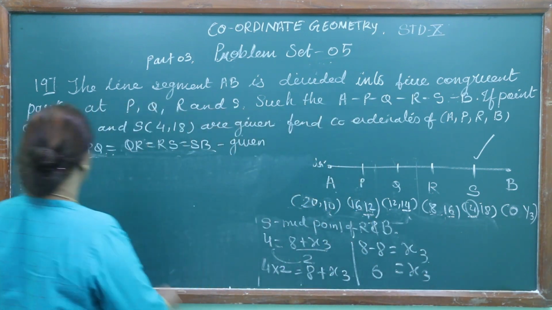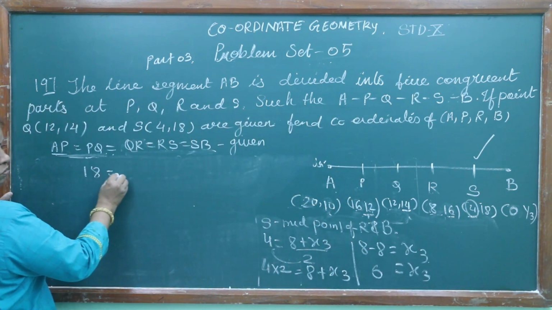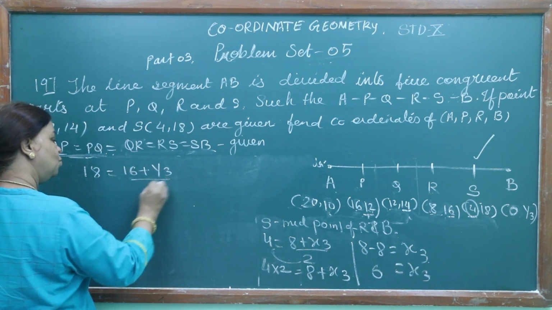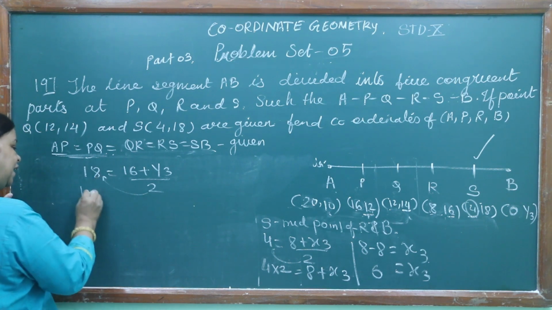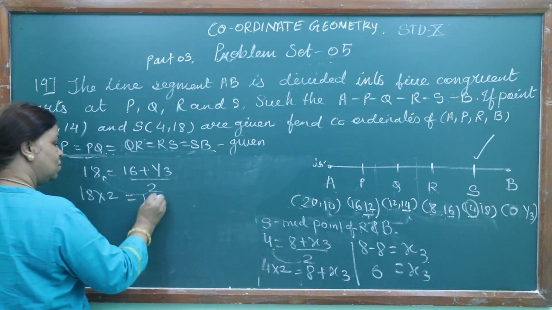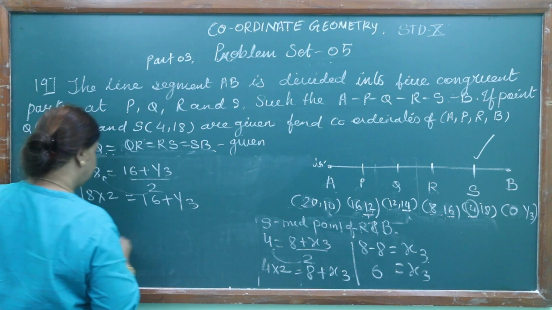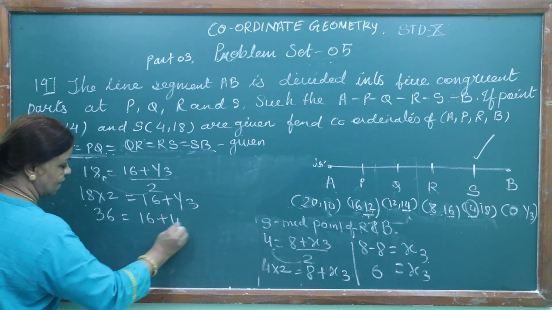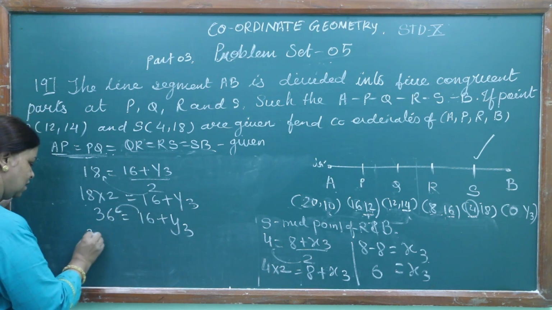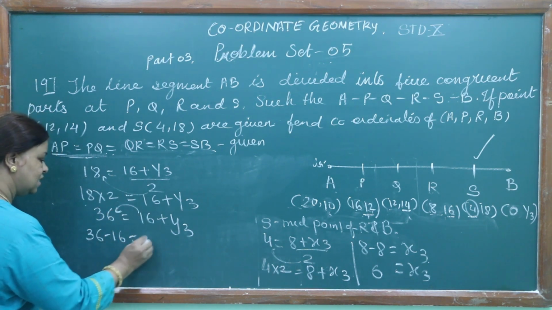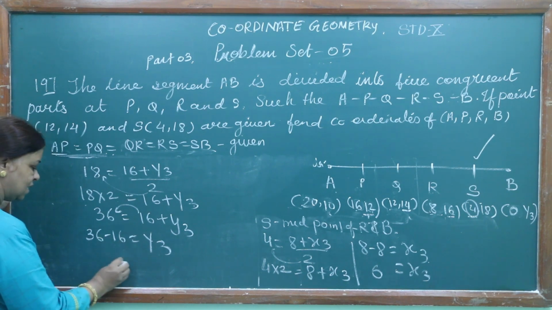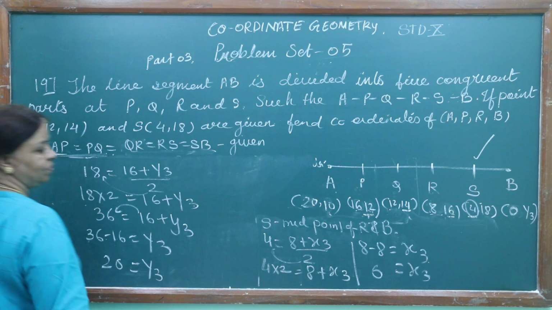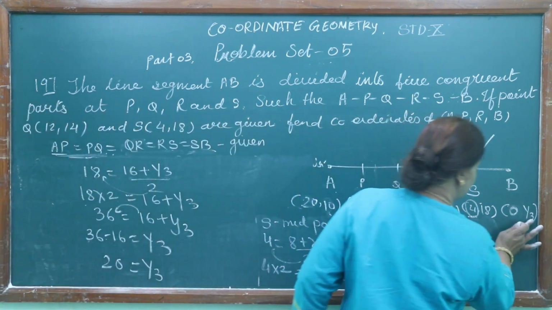So 18 is equal to (16 + y3) upon 2. 2 will go up. 18 2s is equal to 16 + y3. 36 is equal to 16 + y3. 16 will come here. 36 minus 16 is equal to y3. 6 minus 6 is 0, 3 minus 1 is 2, and that is y3. So y3 we got 20.